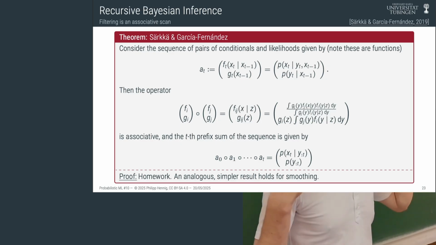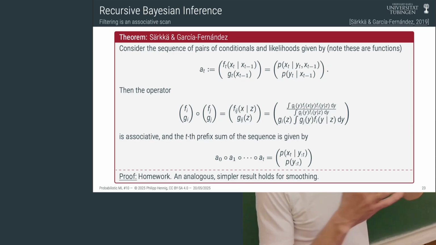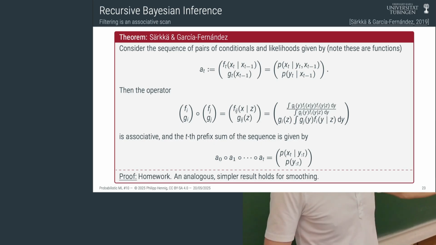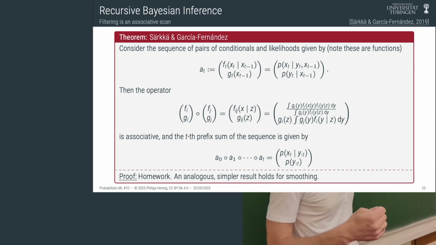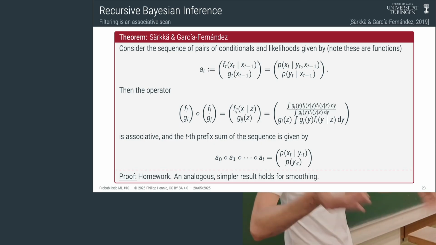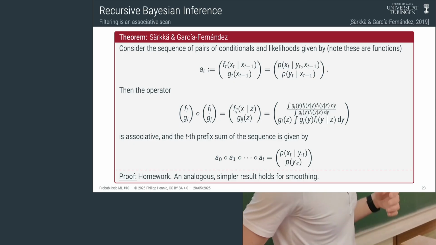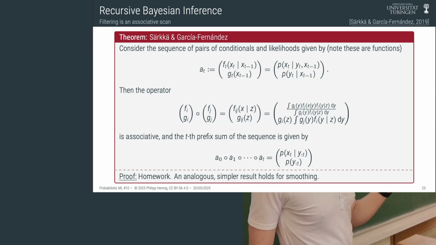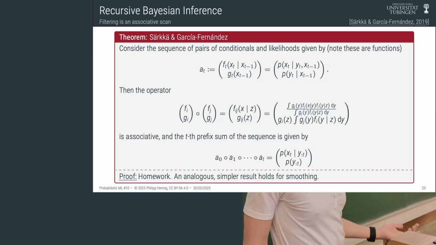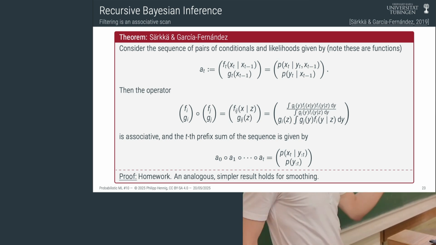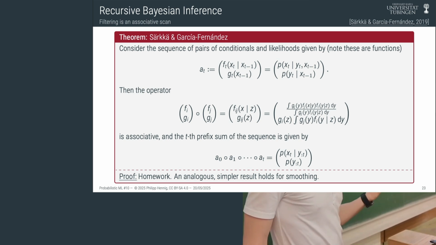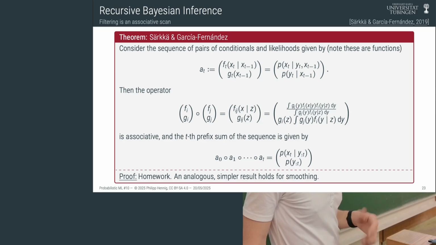So let's say you want to solve a partial differential equation across time. You want to simulate something that's going to happen in the future, the climate, for example, right? Then you can speed up the computation a lot, up to exponentially, down from linear to logarithmic, if you only have enough threads available.